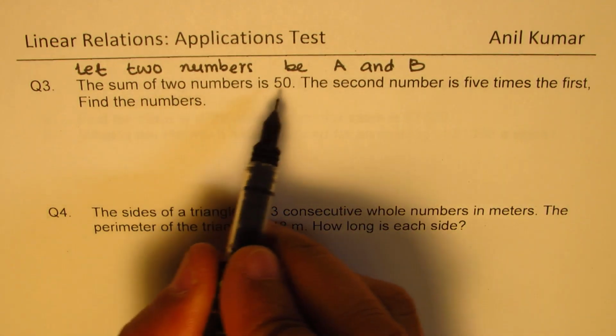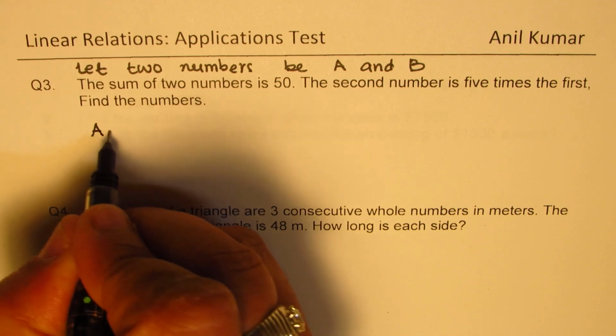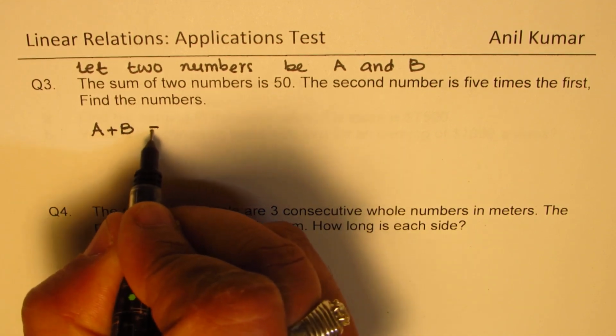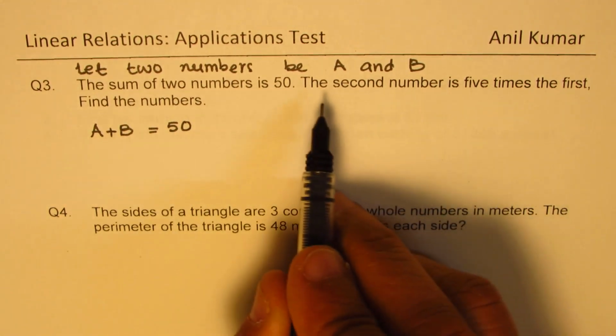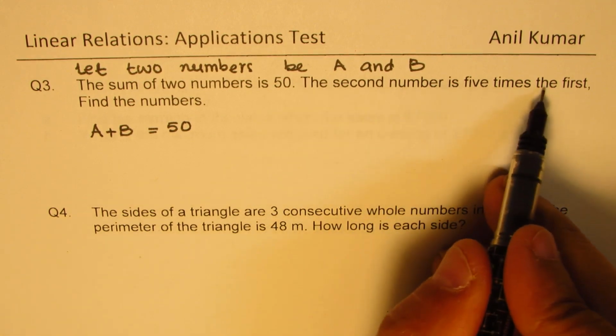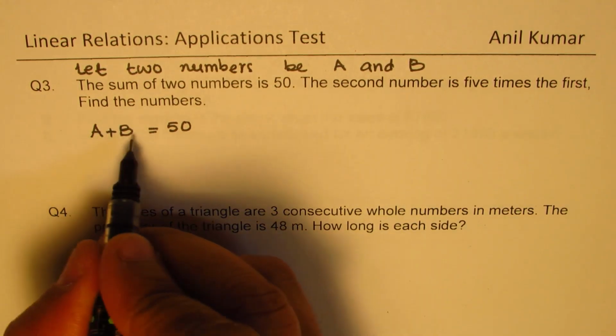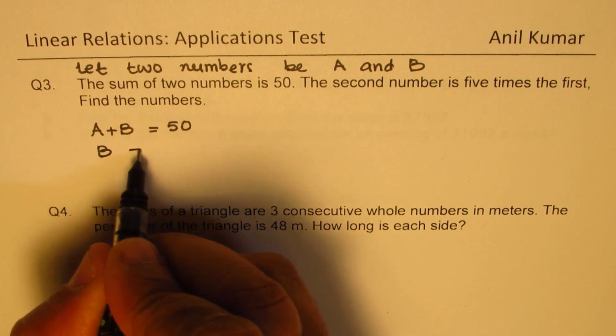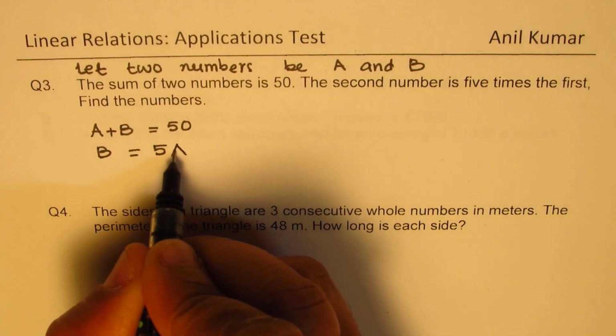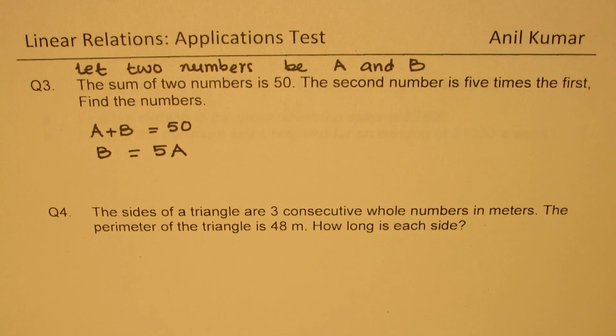The sum of two numbers is 50, so you could write this as A plus B equals 50. The second number B is 5 times the first. So we get two equations.